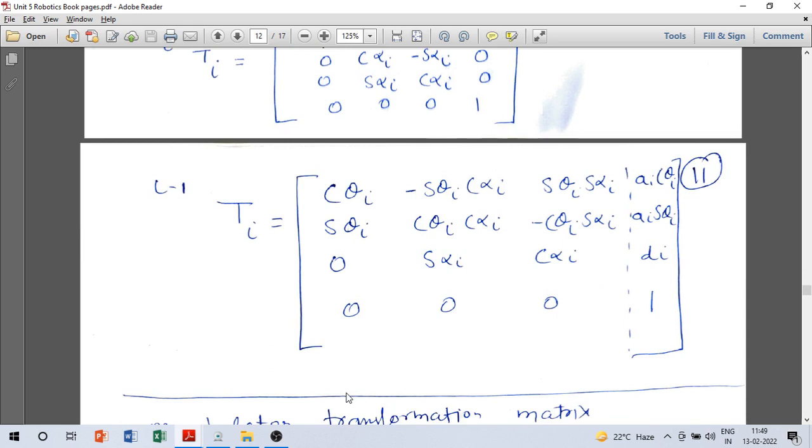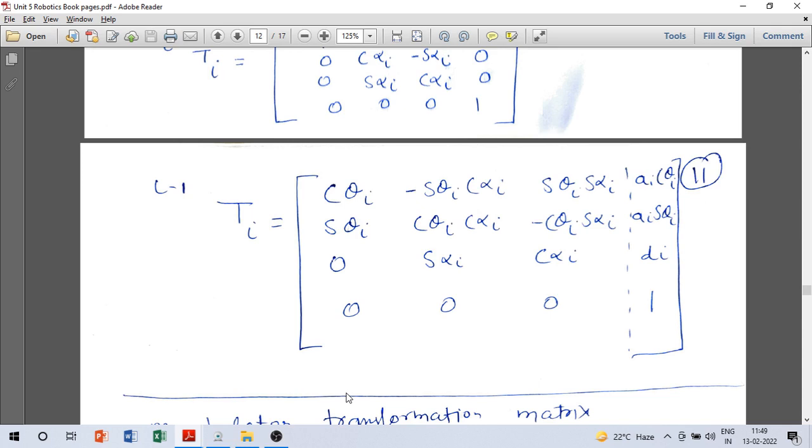So what we have discussed is that we attach a coordinate frame to each link. Coordinate frame I is attached to link I, and frame I minus 1 is attached to link I minus 1. How it is attached, we talked about that. Having attached the frames, we have these four parameters that we have to identify: a, alpha, d, and theta.